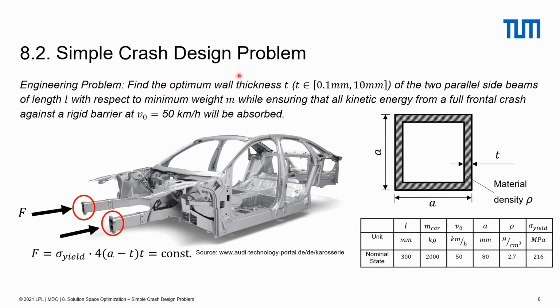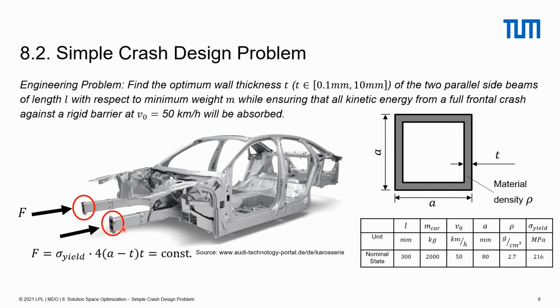Exercise 2, simple crash design problem. The engineering problem is: find the optimal wall thickness T in the interval 0.1 mm to 10 mm of the two parallel side bins of length L with respect to maximum weight M, while ensuring that all kinetic energy from a full frontal crash against a rigid barrier at the velocity v0 equals 50 km/h will be absorbed.